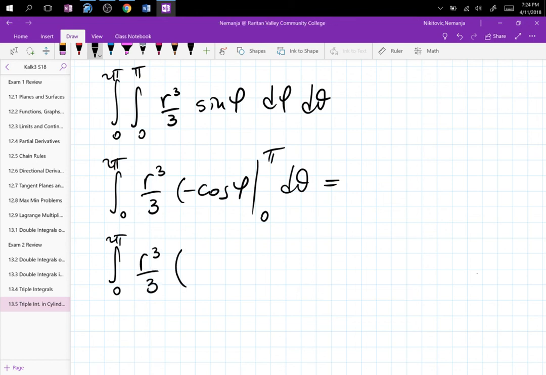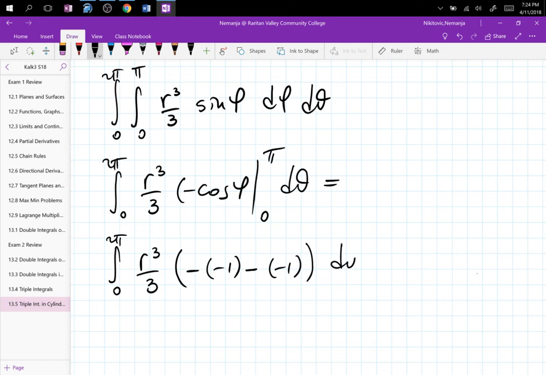Now, cosine of pi, so you have a negative of negative 1 minus cosine of 0. So, another negative 1, right? You have the minus from the formula for calculating and minus from cosine. Over here, you just have a minus from cosine and minus from the answer of the cosine. So, yeah, it's going to be 2.